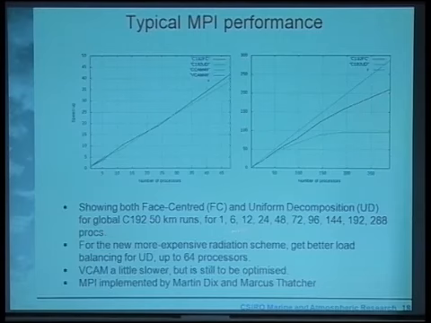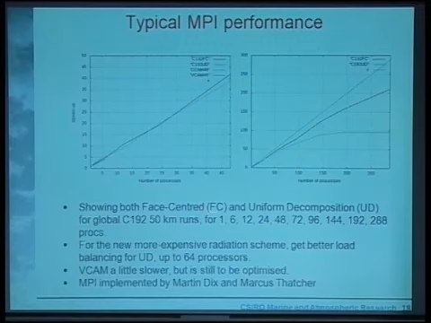So this is, you can either do face-centered or uniform decomposition. Face-centered means you try to have one processor per panel if you can manage it. Uniform decomposition is you have a processor and you give a bit to each of the 6 panels.